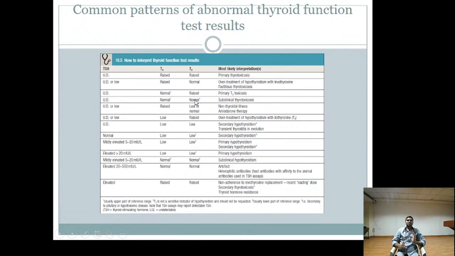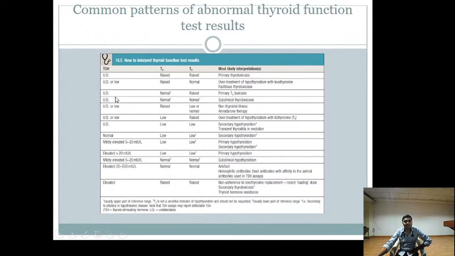What are the common patterns of abnormal thyroid function test results? In thyroid function tests, we do TSH, T4 and T3. If TSH is undetectable, we should look at T4 and T3. If both T4 and T3 are raised, then it is primary thyrotoxicosis. If TSH is undetectable and only T3 is raised, then it is T3 toxicosis.